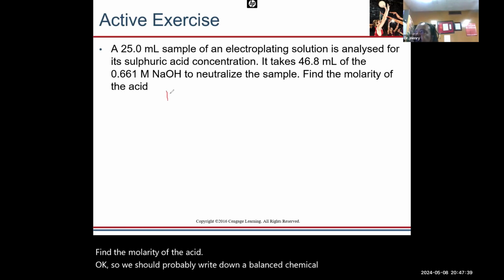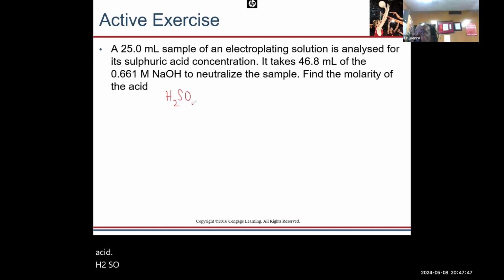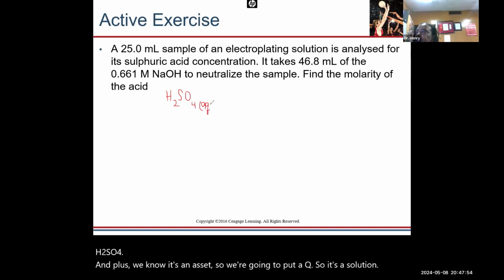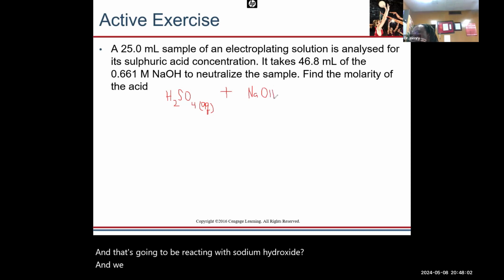So sulfuric acid, H2SO4, and we know it's an acid, so we're going to put aq, so it's a solution. And that's going to be reacting with sodium hydroxide. And we know when we have an acid and base reacting together, we're going to end up getting water.